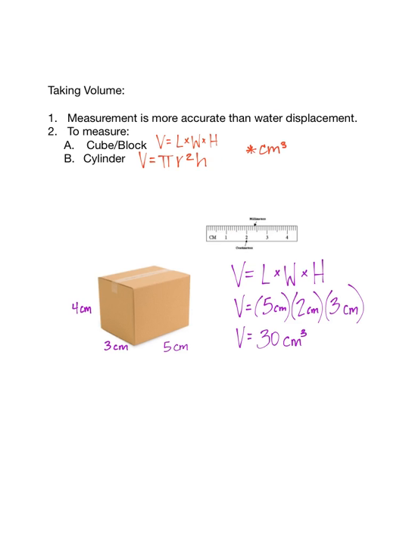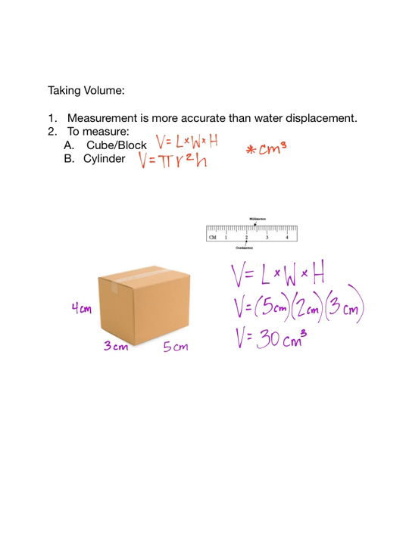Now for volume, we've talked about a couple of formulas for volume. By the way, volume is just the amount of space that something takes up. We have talked about measurement, and we have talked about water displacement. I don't know if I have told you this yet, but measurement will always be more accurate than water displacement. So you guys will be in charge of measuring.